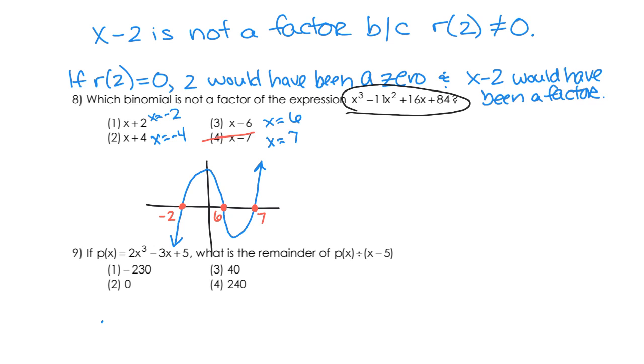Therefore, that is a root, so this is a factor. This is a root, so this is a factor. This is a root, so this is a factor. And right there, we don't have it crossing at x equals -4, so that's not one of the zeros. Therefore, x plus 4 is not one of my factors. Okay, it's an even shorter shortcut.